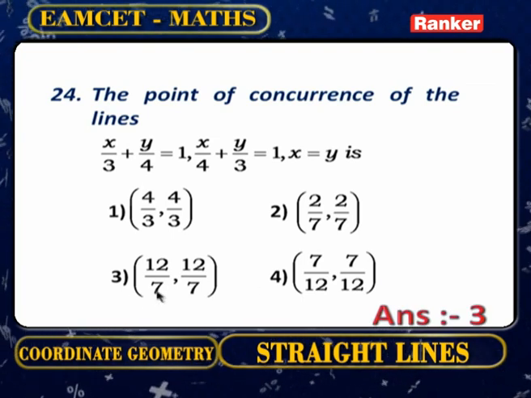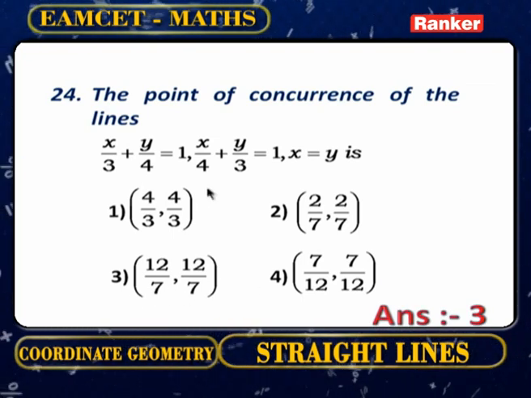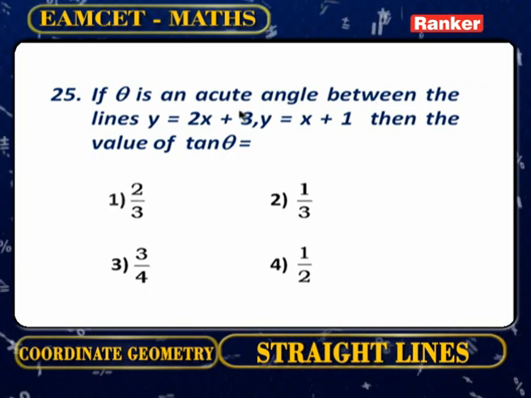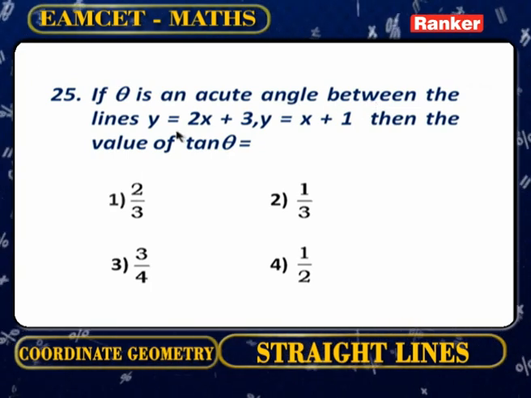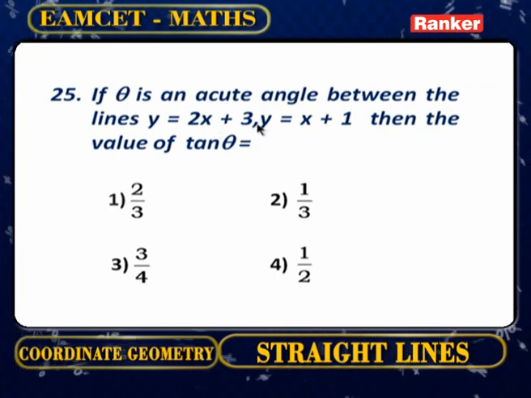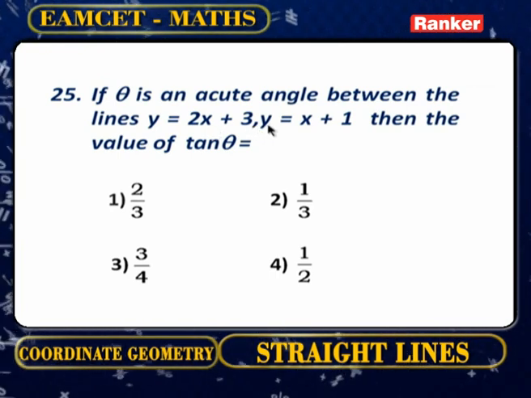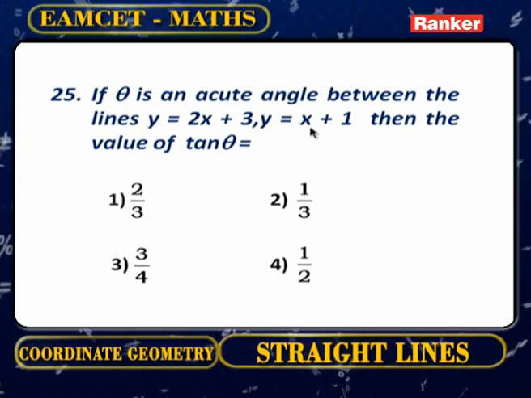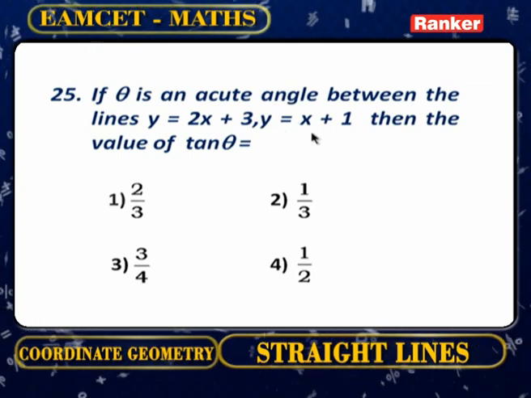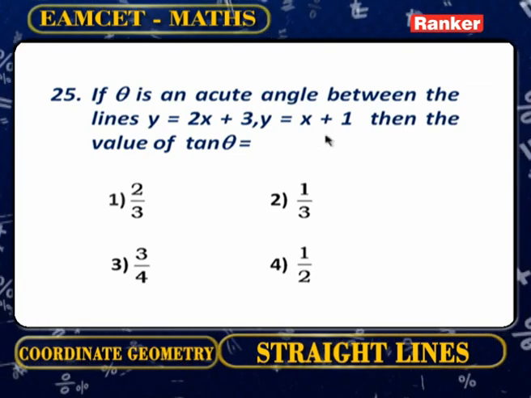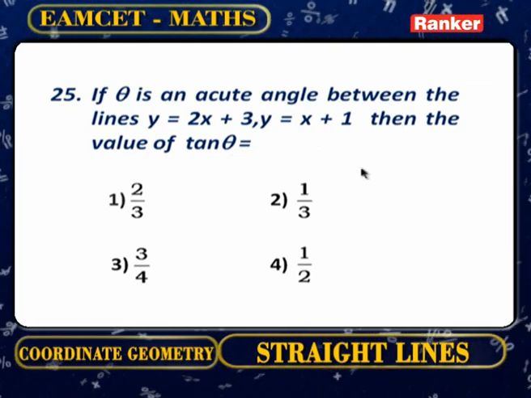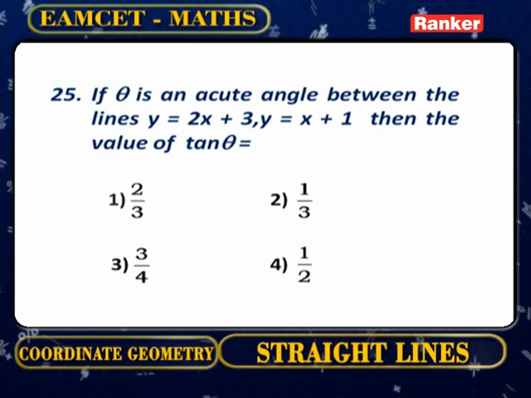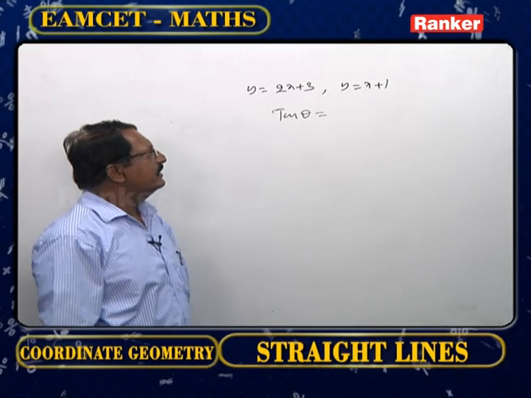Third option. If theta is the acute angle between the lines y equals 2x plus 3, y equals x plus 1, then the value of tan theta, now theta is the acute angle between the given two lines, required the tan theta value.